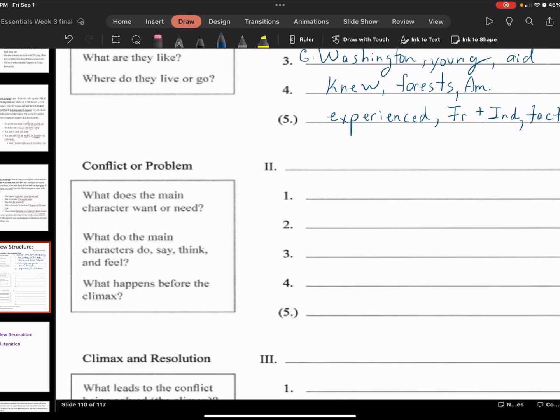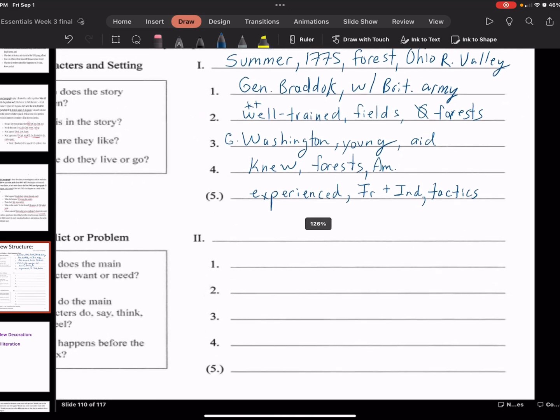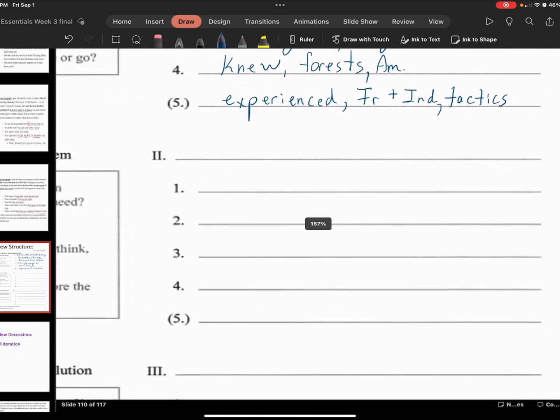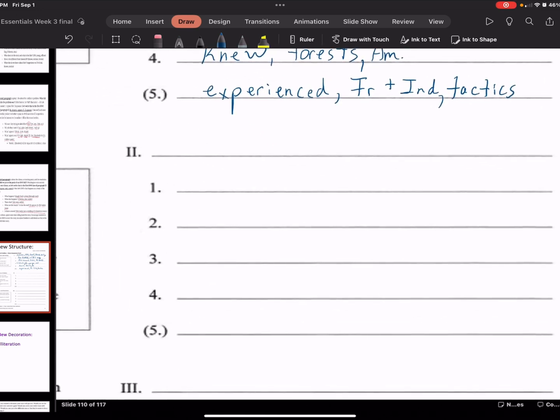Well, we've got General Braddock with the British Army. What does he want or need? He wants or he desires to capture Fort Duquesne.